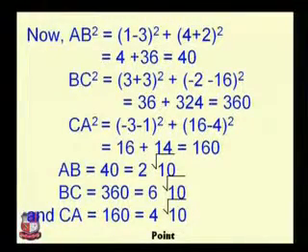BC equals root 360, which is 6 root 10. CA is equal to root 160, which is square root of 16 into 10, so we get 4 root 10.